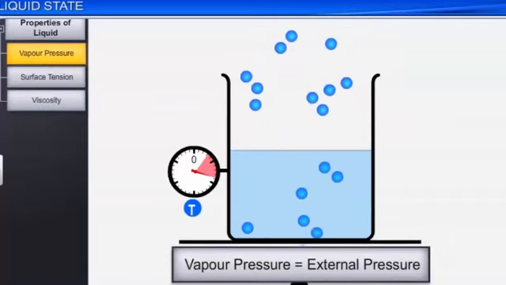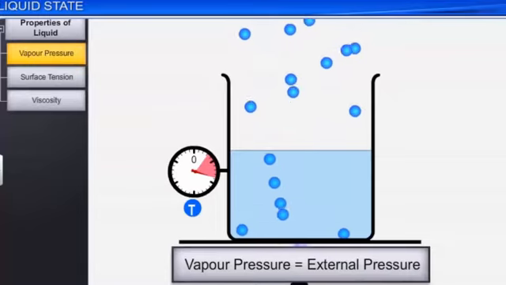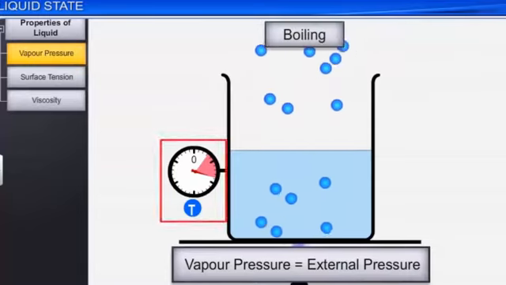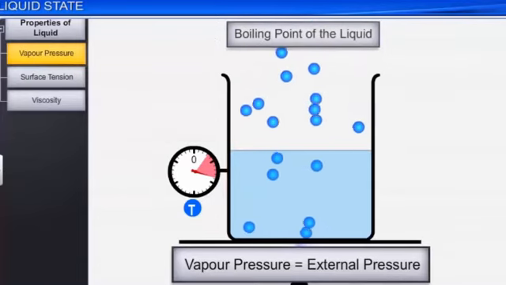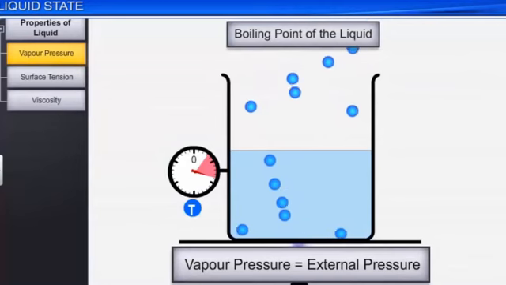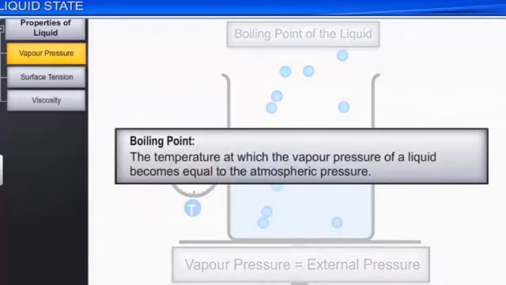This stage is called boiling. And the temperature at which boiling takes place is called the boiling point of that liquid. Hence, boiling point may be defined as the temperature at which the vapor pressure of the liquid becomes equal to the atmospheric pressure.